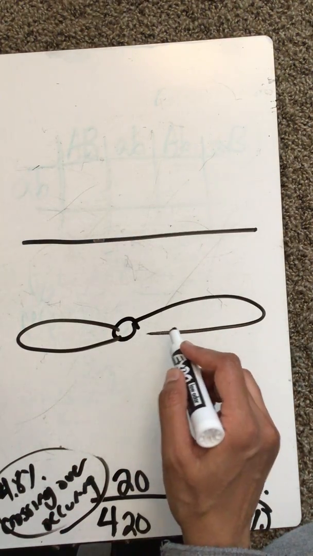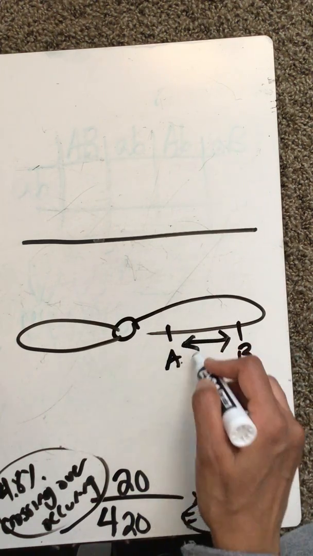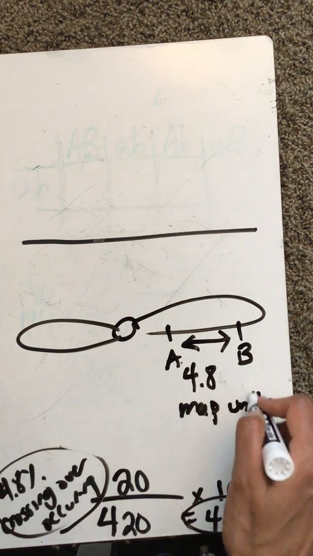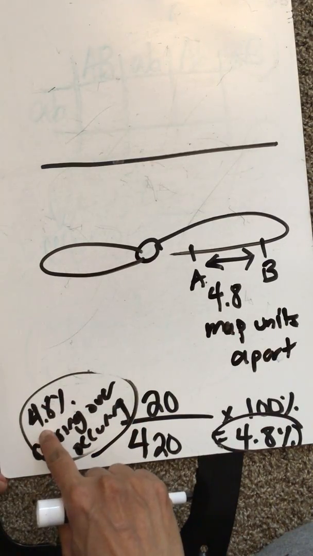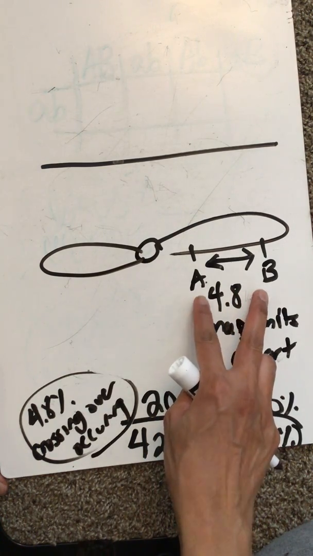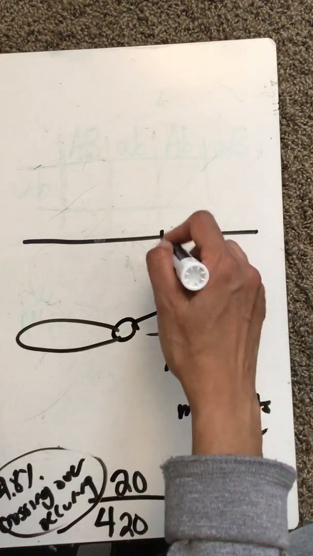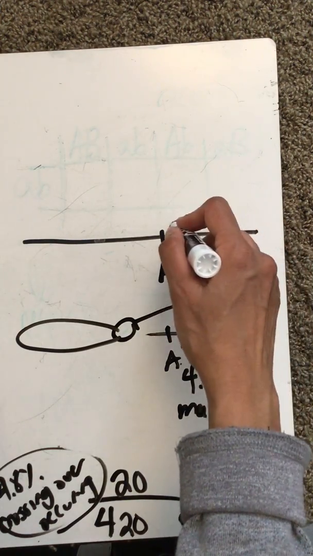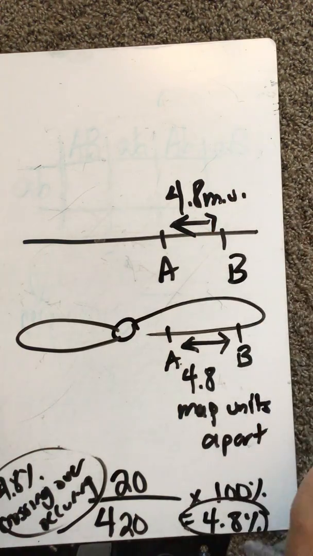It's telling you that genes A and B are 4.8 what we call map units apart. So the crossing over percentage I get tells me how far apart these two genes are on a chromosome. Instead of drawing a chromosome, I draw a line. The line represents the chromosome, and I say these two are 4.8 map units apart.